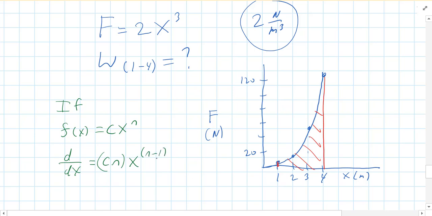So for example, if you had 3x cubed, your derivative would be 9x squared. That's how you find the slope of a function at any point.